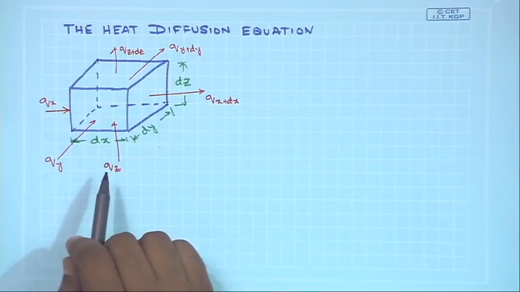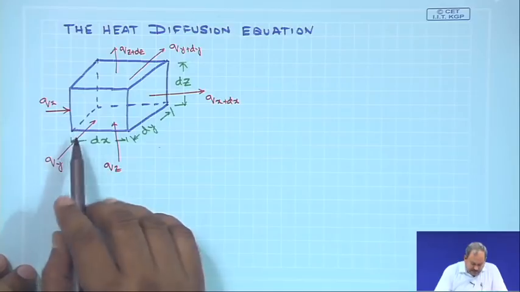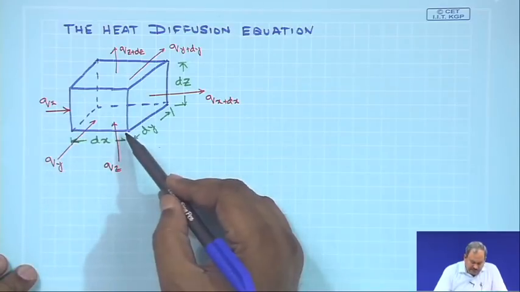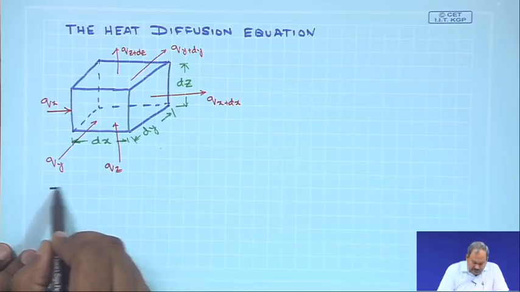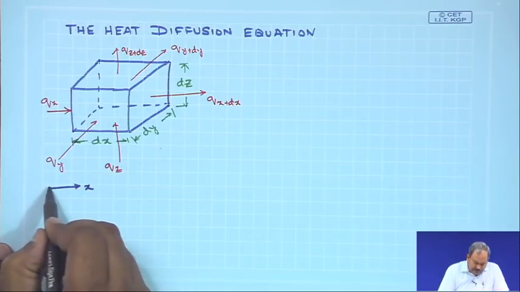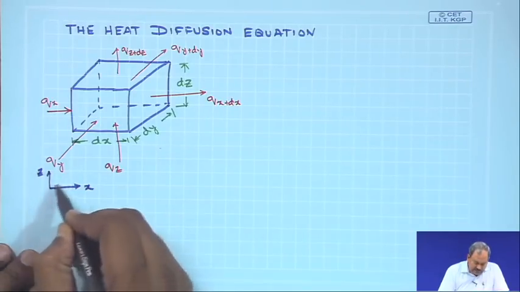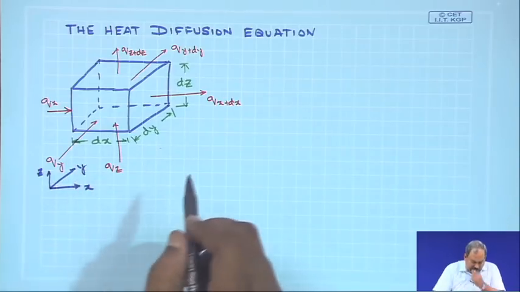So, let us look at this picture, which essentially tells us this is my cuboid which has lengths of dx, dy and dz. So, this is the x direction, this is the z direction and this is the y direction.